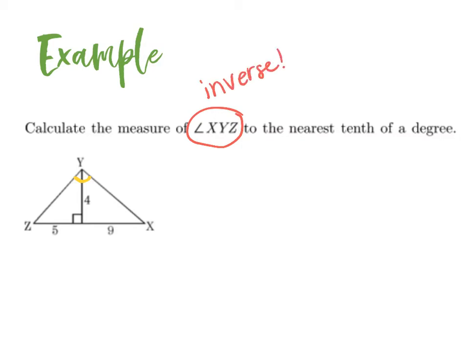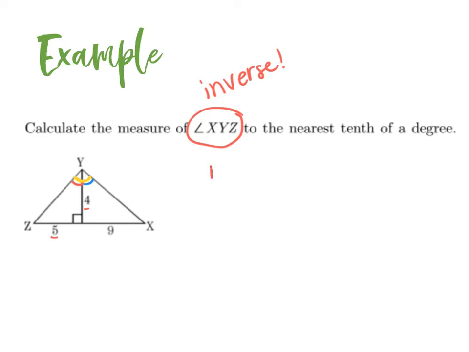And this is actually made up of two different angles, so I'm going to have to find each of those and then add them together. When I'm looking at that red part, I've got 5 and I've got 4, and in relationship to that angle, that's the opposite and the adjacent.